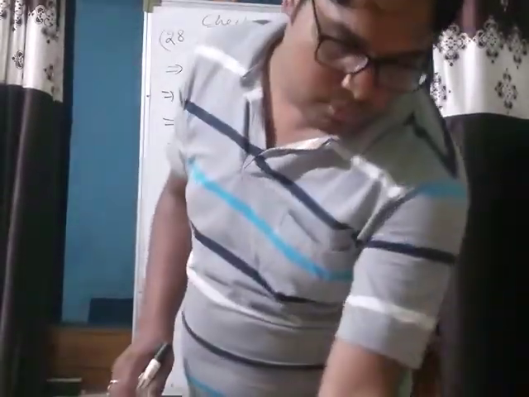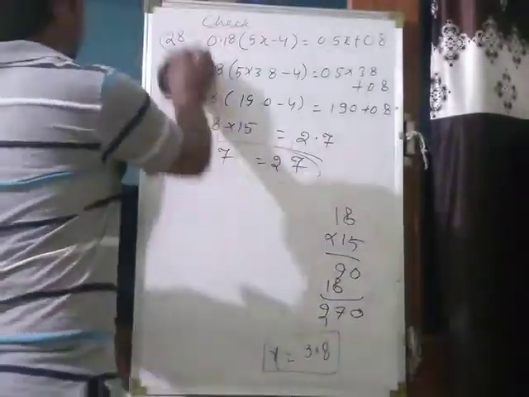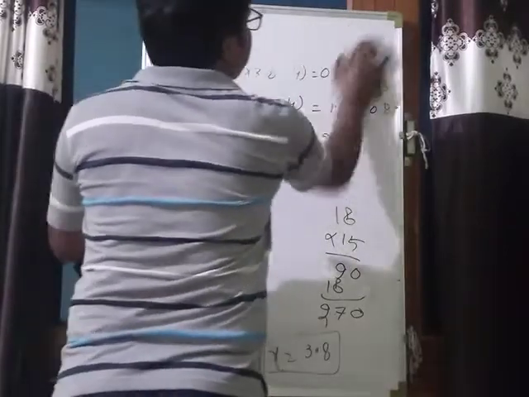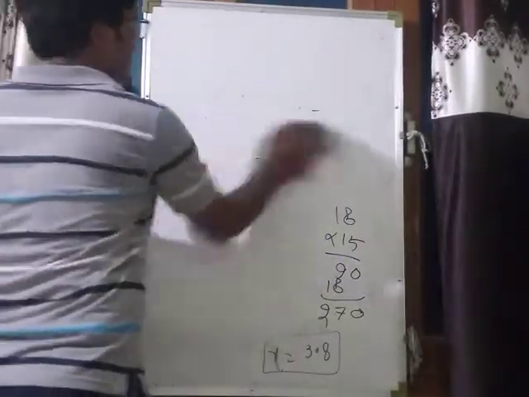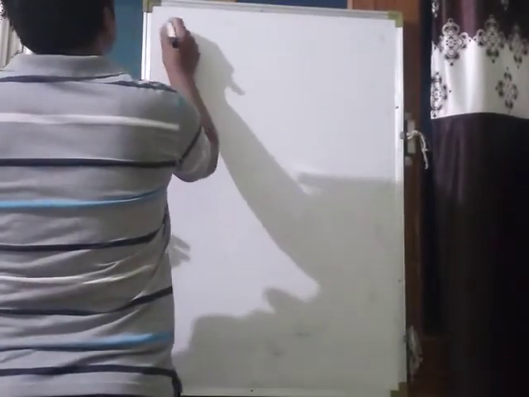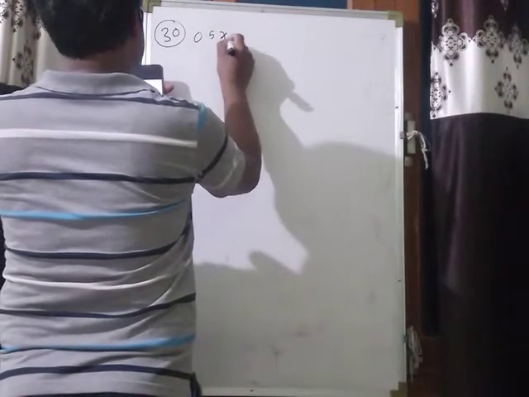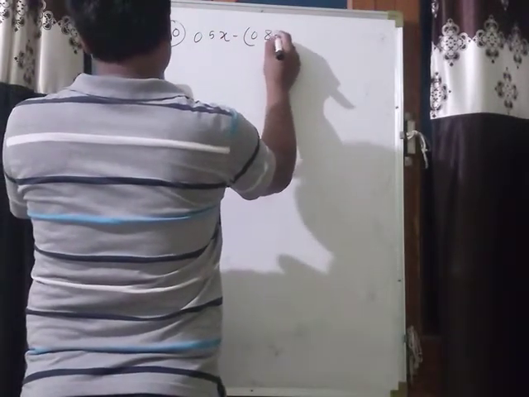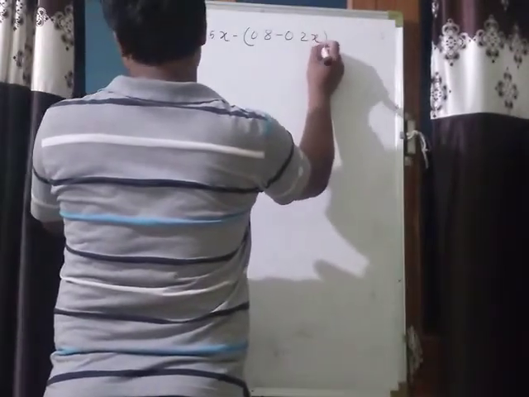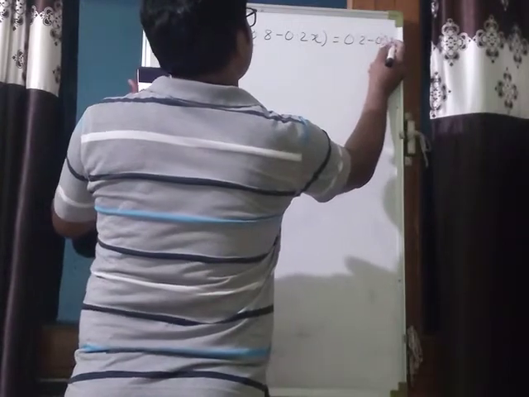Now I am going to solve question number 30. Question number 30 is: solve 0.5x minus 0.8 minus 0.2x equal to 0.2 minus 0.3x.